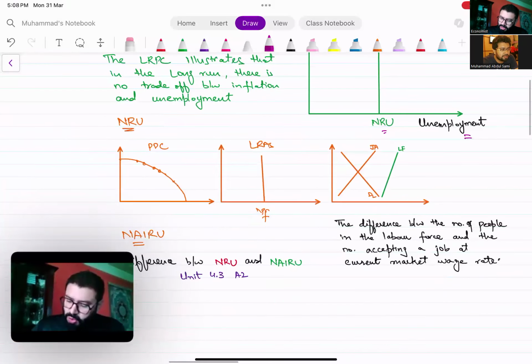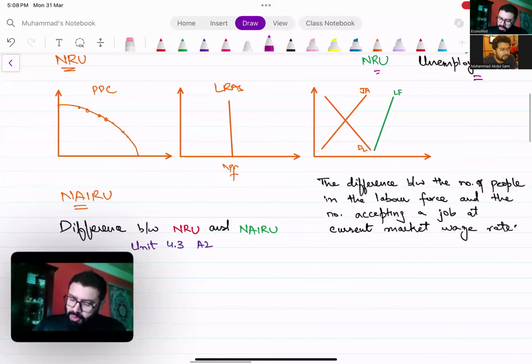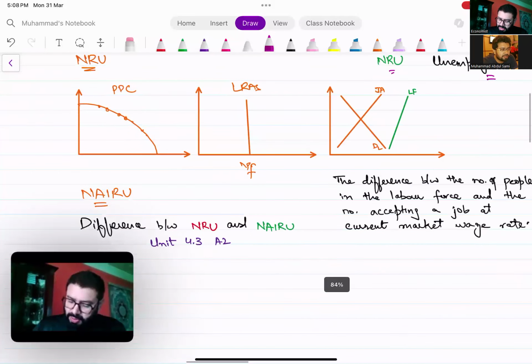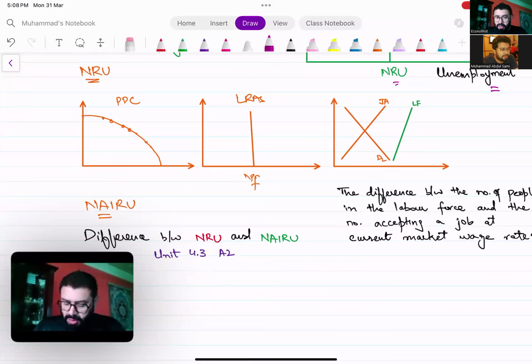So having said so much about NRU, let us have a look at what NRU is. Actually, you have covered in AS the full employment. The natural rate of unemployment represents the level of unemployment that exists when the economy is operating at its full potential, with all factors of production being used efficiently.